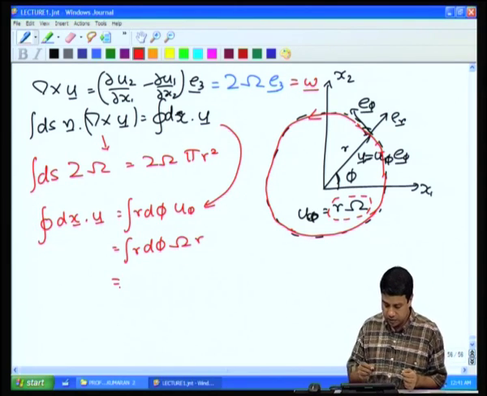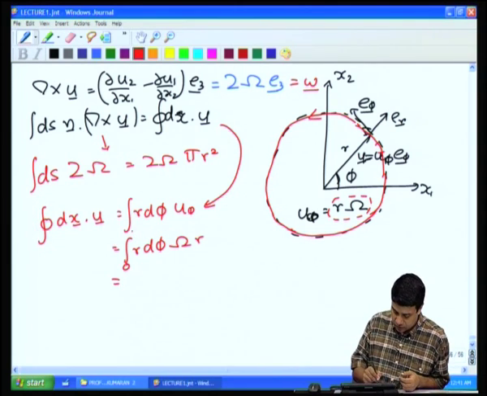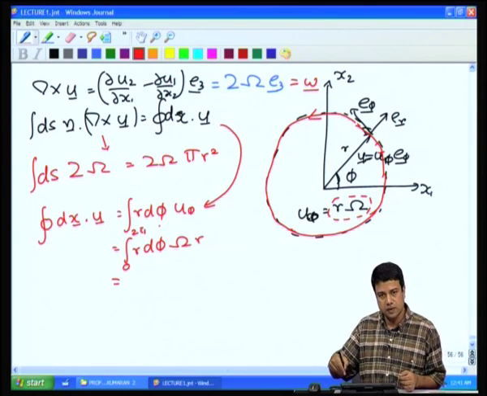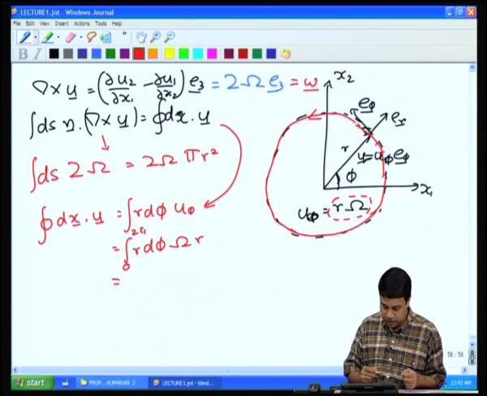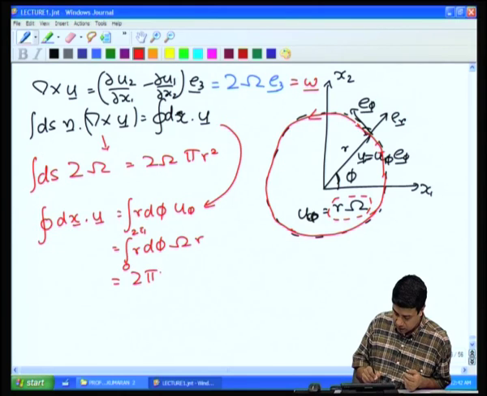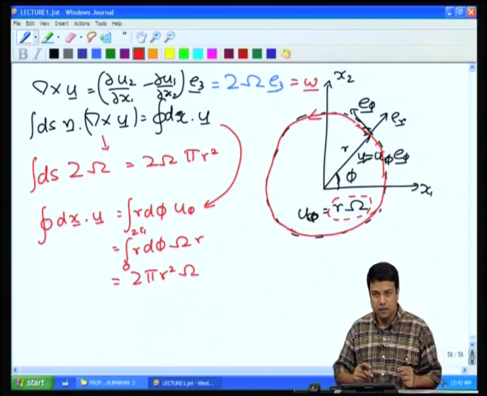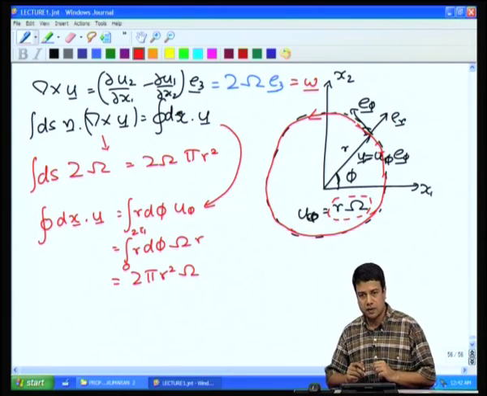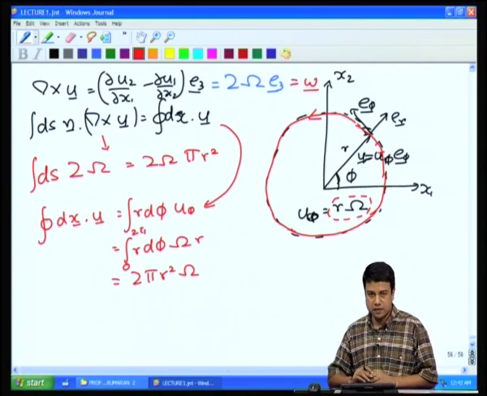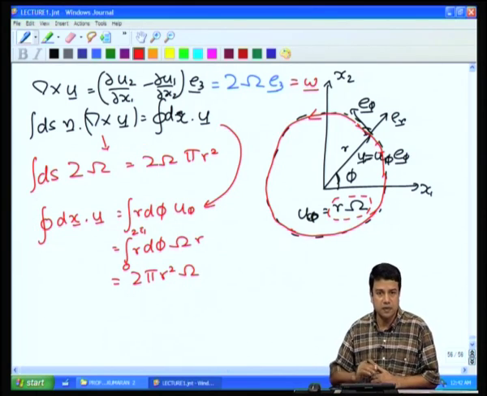You can easily see this phi goes from 0 to 2 pi, goes around in a circle. So, phi goes from 0 to 2 pi, and you will get 2 pi r square omega, which is exactly what I had when I did the integral of the curl over the surface. So, this is basically Stokes' theorem for this particular case.